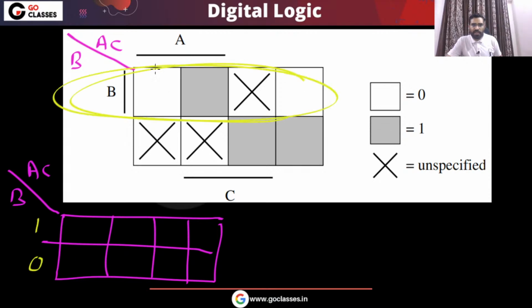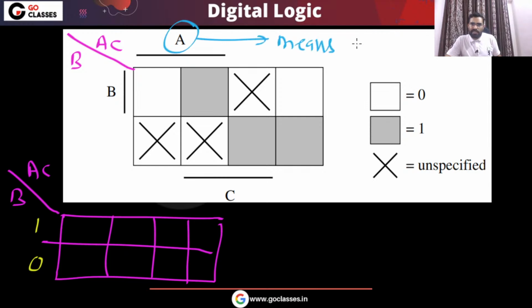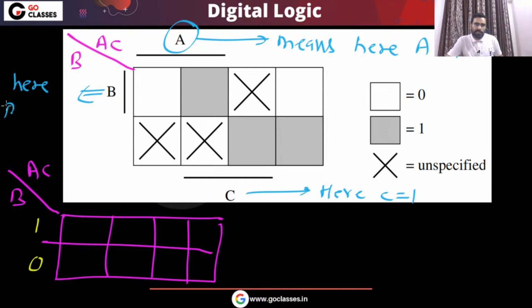Because this is the area of B, B is 1 here. Tell me what this A means. This A means that here A is 1. And this means here C is 1. And this means here B is 1.